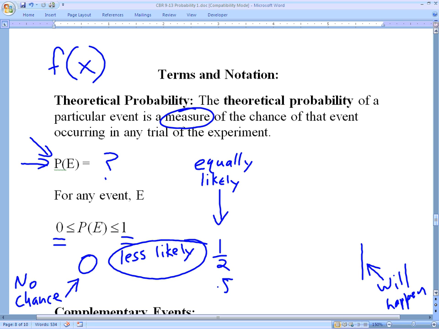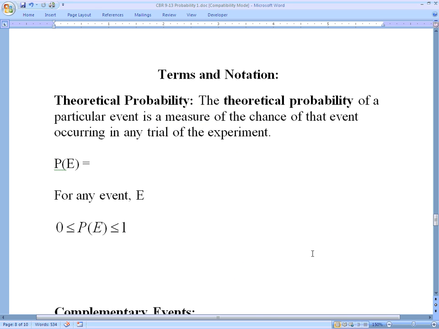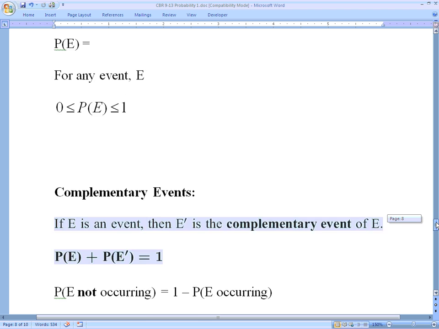It could still happen. It's not zero, but it's less likely to occur. And everything in between 0.5 and 1, we say, is more likely to occur. And that's the idea of probability as a scale. But again, just numbers between 0 and 1.